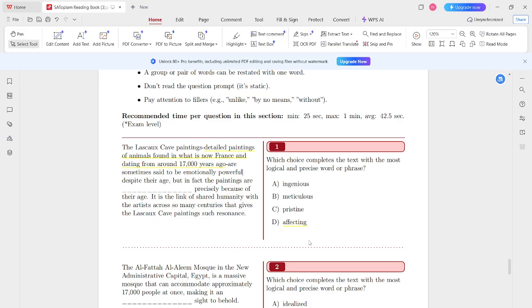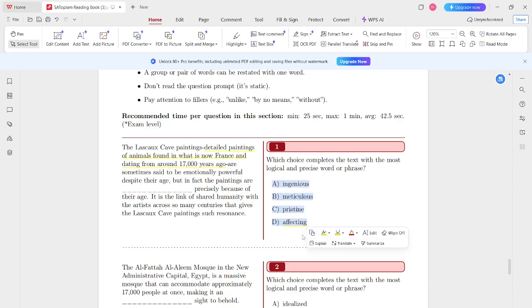And by the way, let me give you a tip here at the end of this lesson. All right, if you are given four answer choices and you do not know any of the words there, let's say there is a complex text with four difficult words as answer choices, and you do not know any of them. What you do is you will try to guess, right?